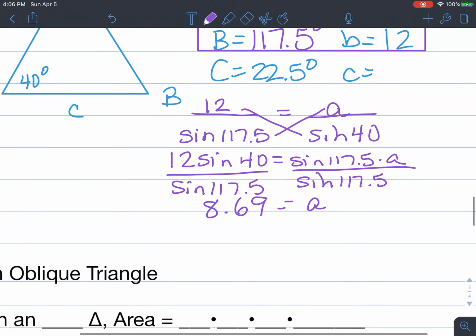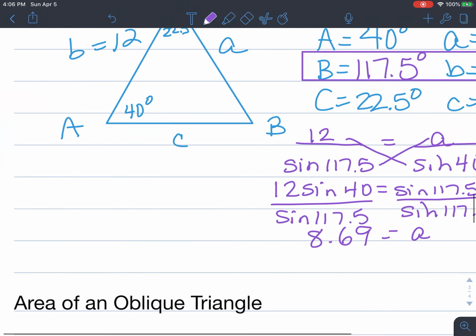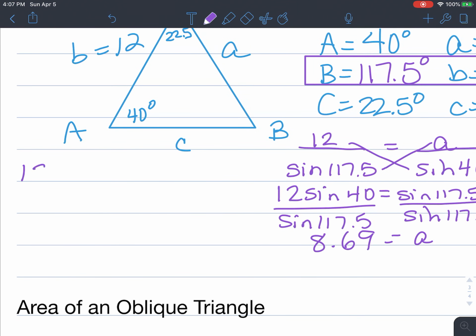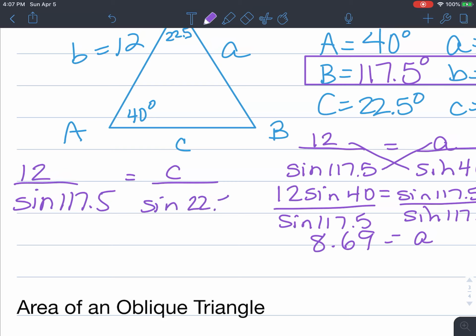Okay. And then we'll repeat with side C. So 12 over sine 117.5 equals C over sine 22.5.